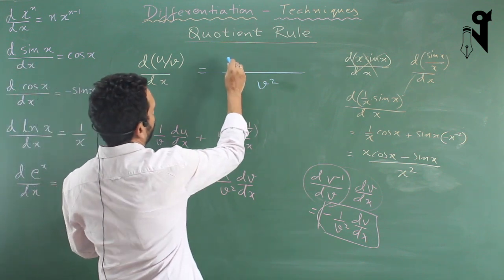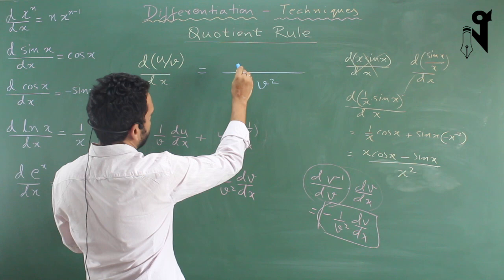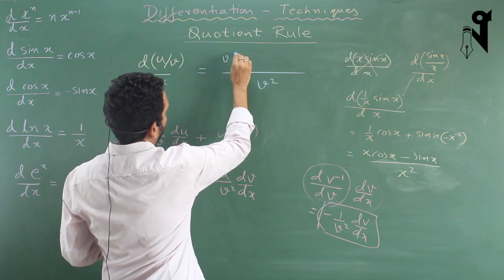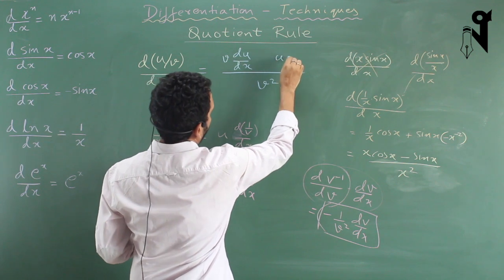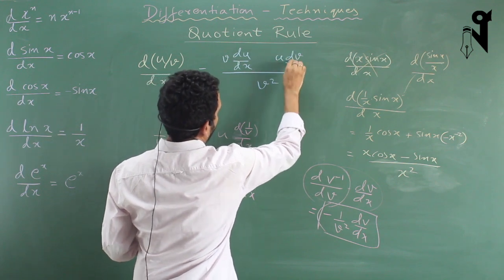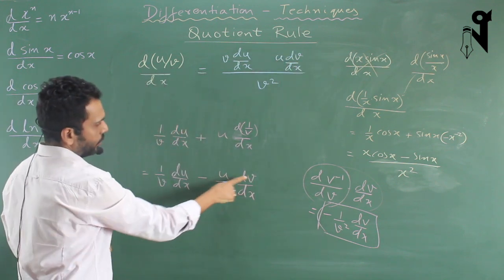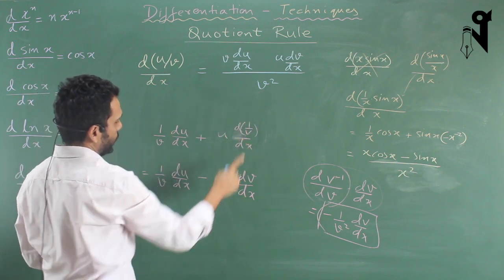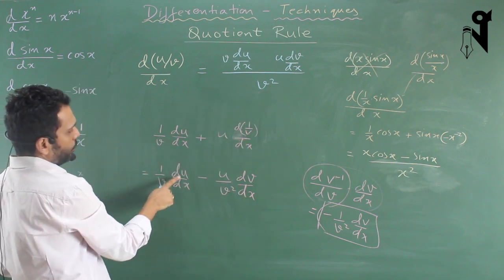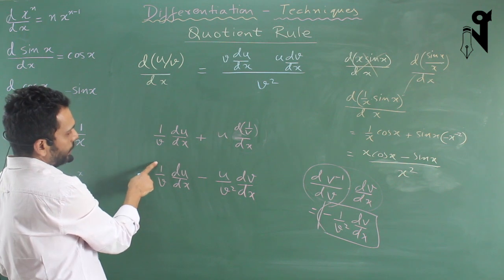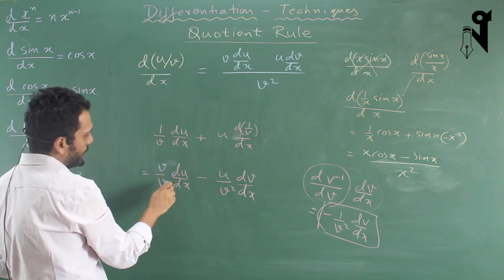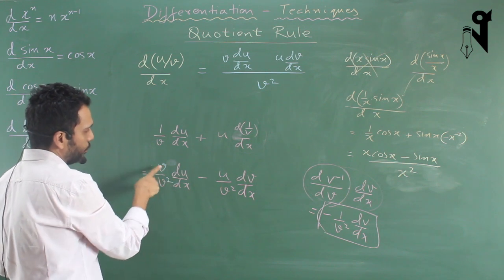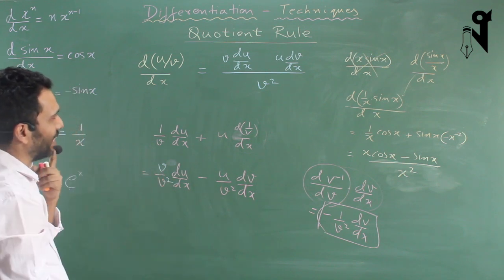And this time what we have got is a v du by dx as previous time, and a u dv by dx, by v square. A v du by dx by v square, we have taken v square and a v over there, v square and a v, so that's 1 by v.